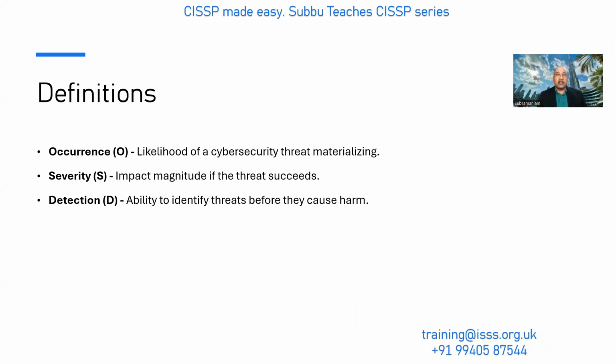Occurrence is the probability. Severity is the impact, and detection is the ability to identify the threats before they can occur. If you look at the cybersecurity arena, in the organization you will have a firewall, one more firewall to form the DMZ, or a network-based intrusion detection prevention system to form a DMZ.